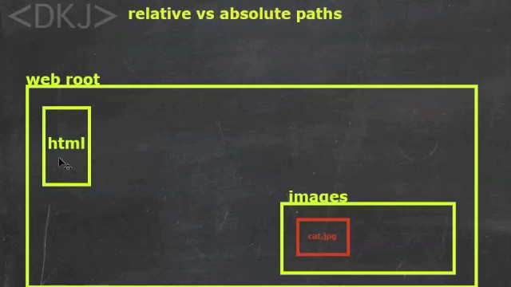So when a viewer of our website comes here and views the HTML page in their browser, whether it be Firefox or Chrome or Safari, we want to tell the browser to fetch and display this image right here.